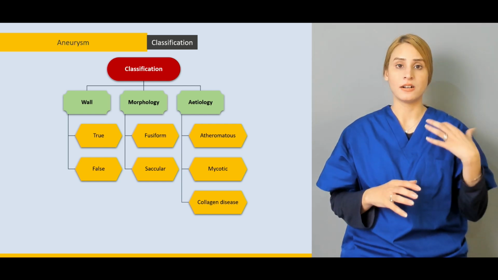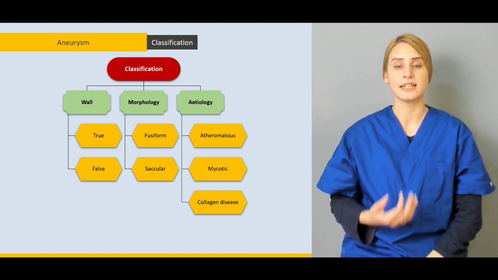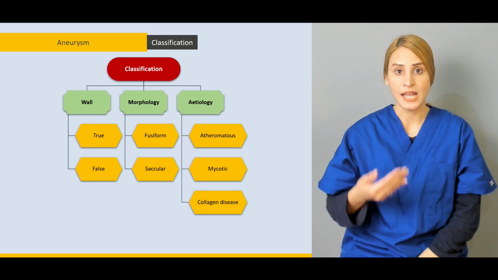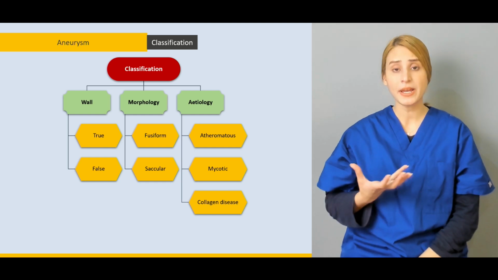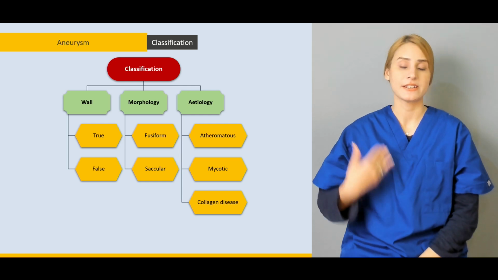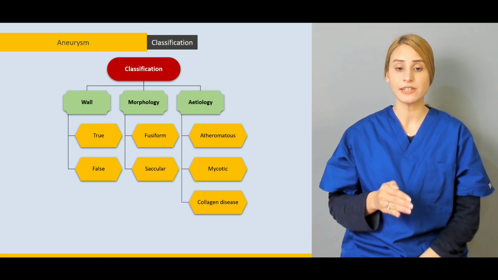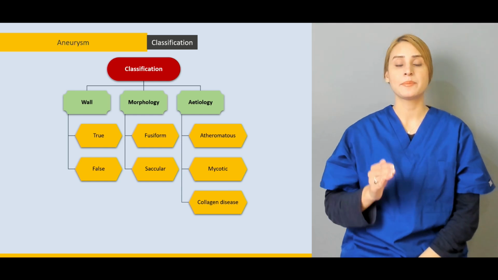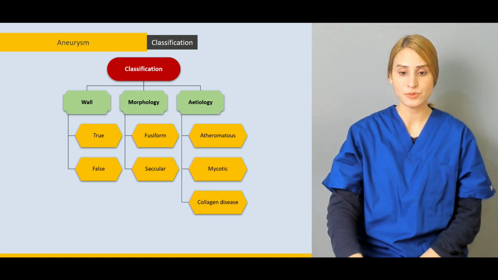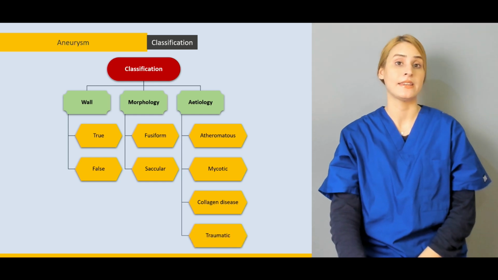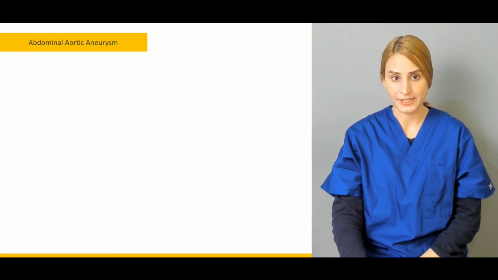And the false, obviously, contains a single layer, and most of the time it is connective tissue or the fibrous tissue. If we talk about the morphology, it means that you are dividing them on the basis of the shape. So it can be saccular, it can be fusiform. And on the basis of the etiology, it can be atheromatous, it can be mycotic, there can be collagen diseases, and the other category, which includes the traumatic causes.